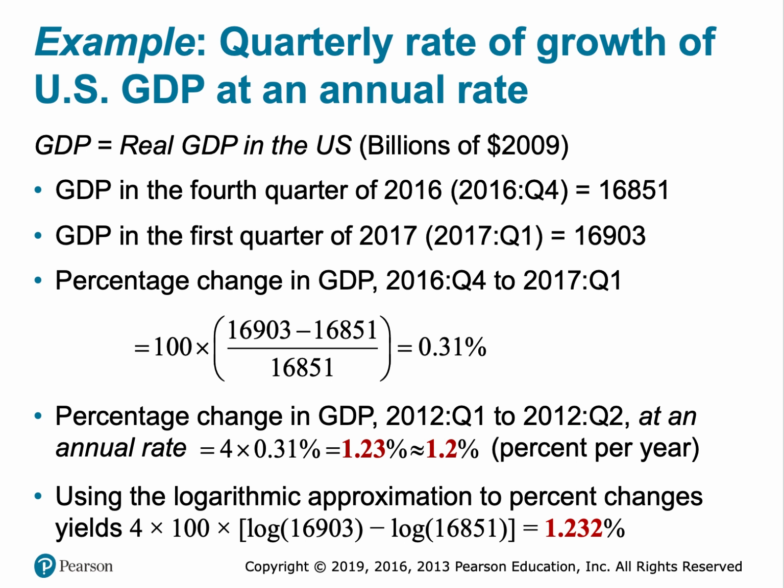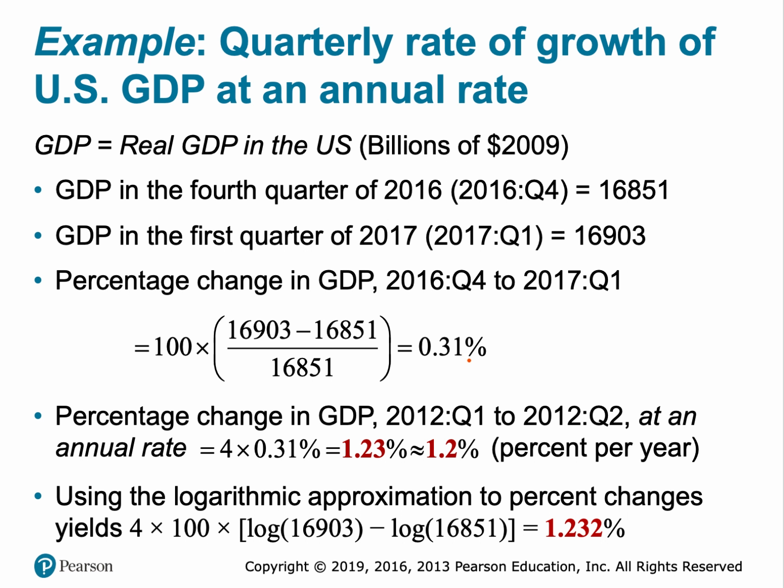Gross domestic product in the fourth quarter of 2017 was $16 trillion, $903 billion. The percentage change in gross domestic product between 2016 quarter 4 and 2017 quarter 1 is 100 times new minus old divided by old, which is 0.31 percentage points, 0.31%.